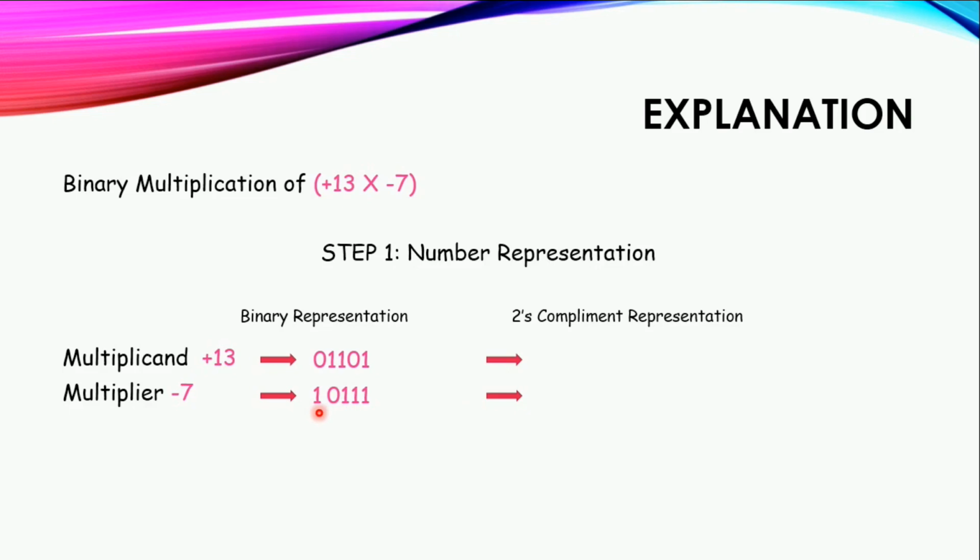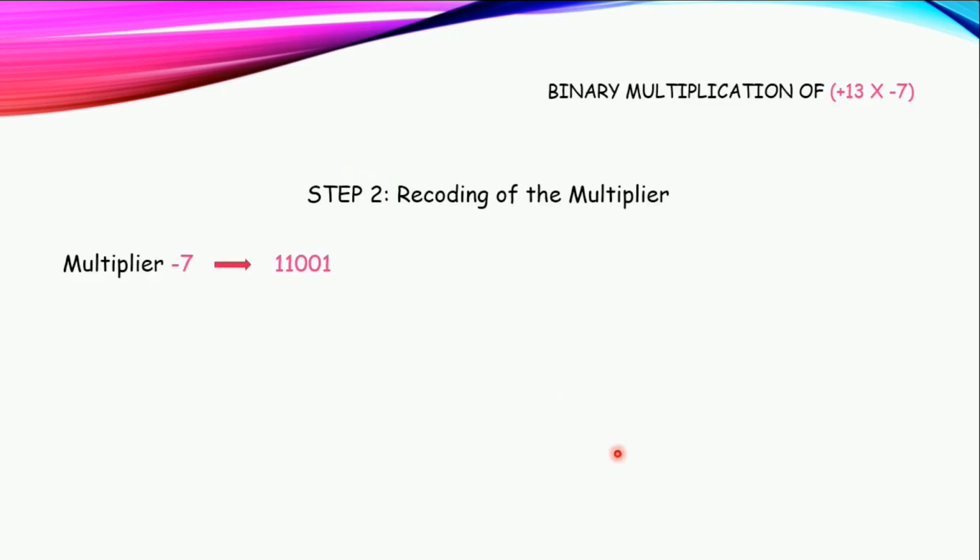So we keep the sign bit as it is, and take the 2's complement of the number by taking the 1's complement and adding 1 at the LSB of the 1's complement number, without changing the sign bit. So this is the first step in the Booth multiplication algorithm.